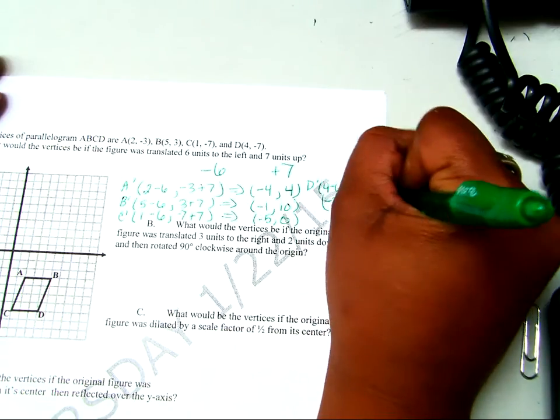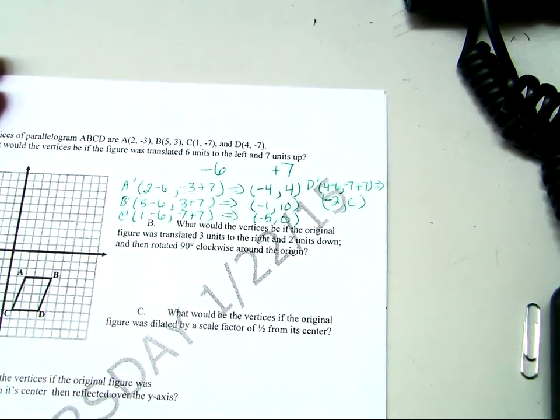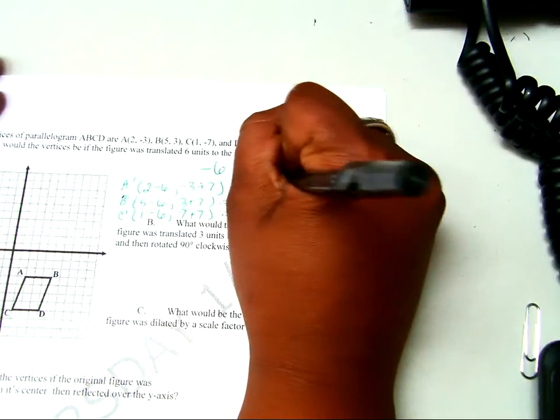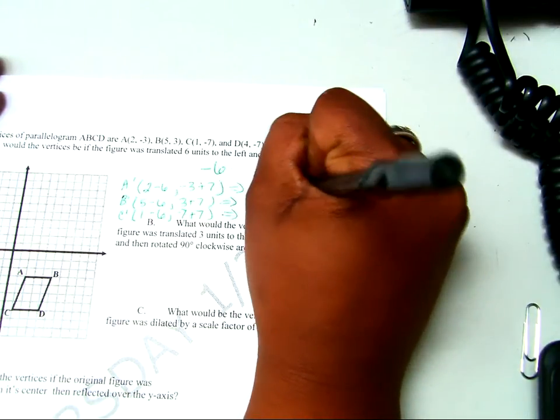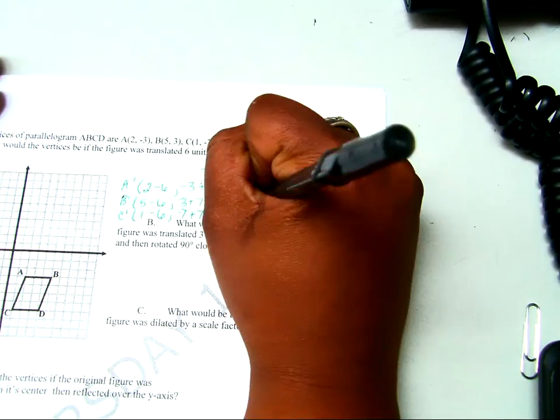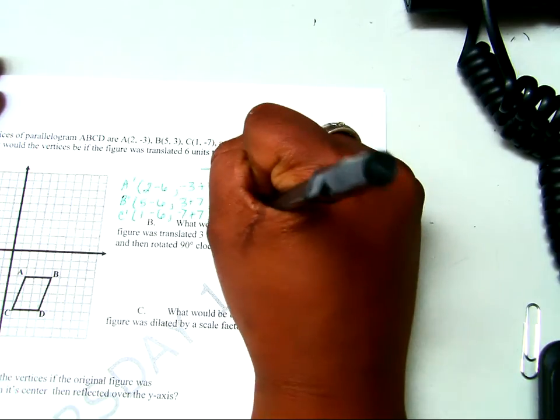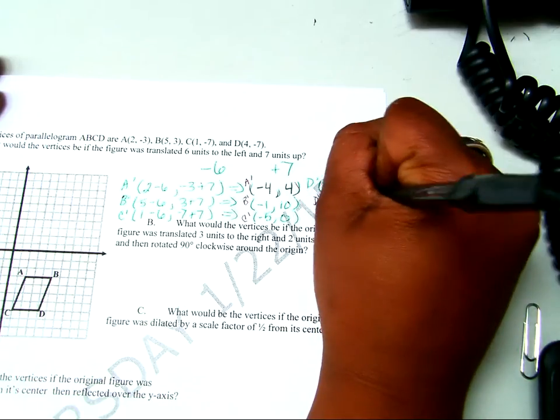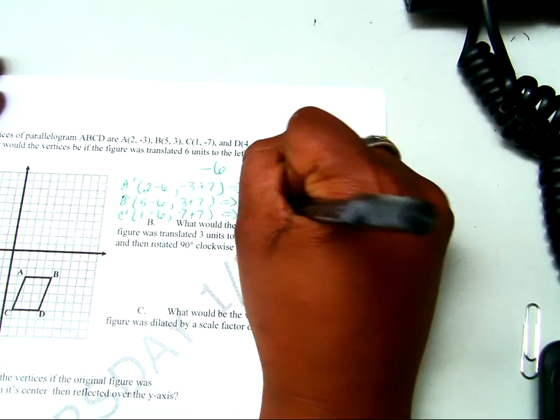Okay? So that pen was fading on us a little bit. So these are my points: A prime, B prime, C prime, D prime.